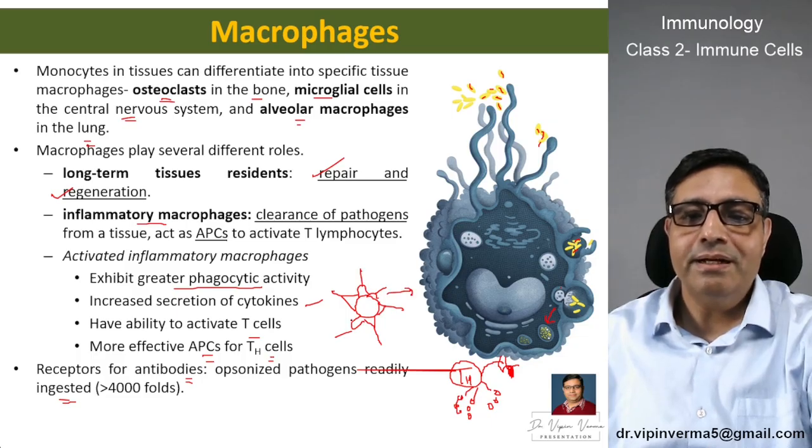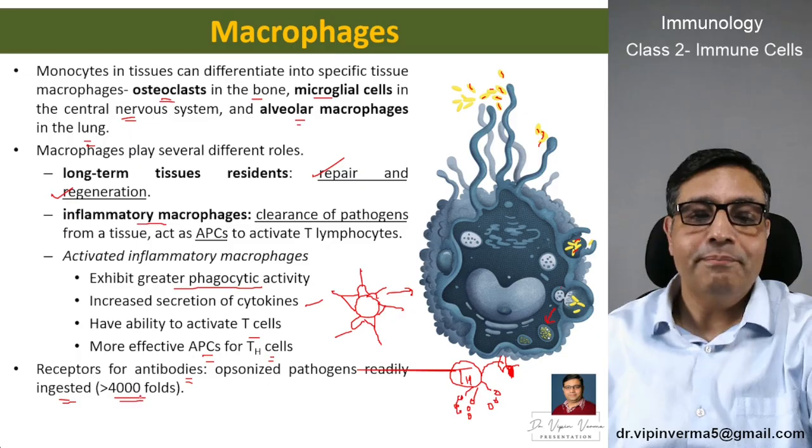It can be taken up by the macrophage very readily, and it can increase the rate up to more than 4,000 folds. So you can see what is the magic opsonization does in case of the macrophage engulfment.